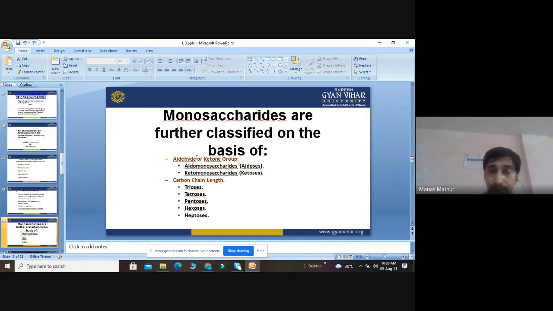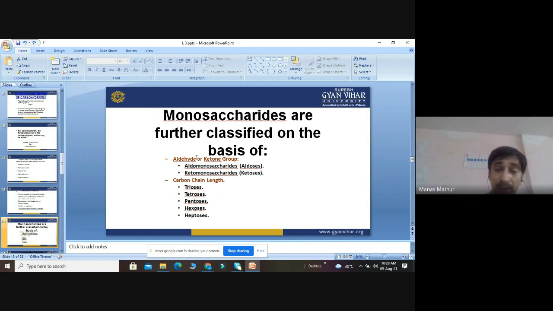If they have aldehyde groups, they are called aldoses. It means if the monosaccharide contains the aldehyde group, that is CHO, we call it an aldose. A for aldehyde, A for aldose. And if they contain the ketone group, that is CO, they are called ketoses.